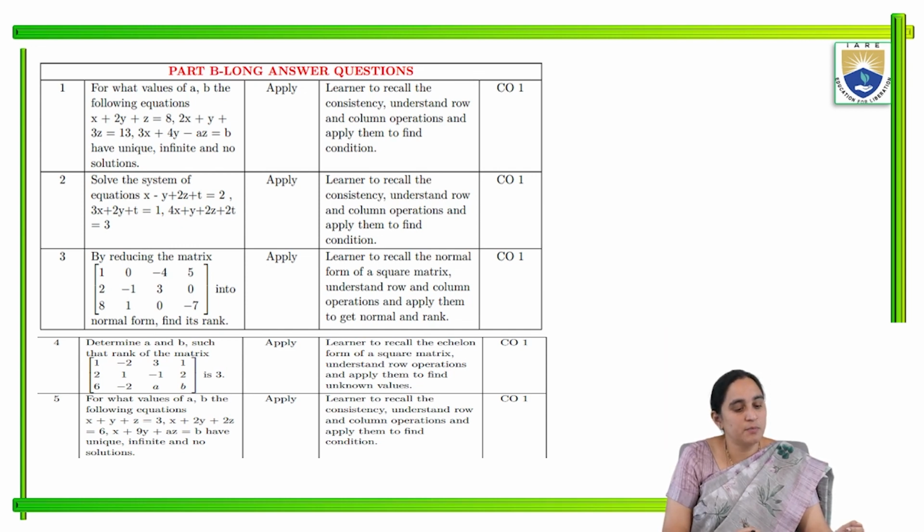And solve the system of equations x minus y plus 2z plus t is equal to 2, 3x plus 2y plus t is equal to 1, and the next one 4x plus y plus 2z plus 2t is equal to 3. Same as the first question. Here we have to recall consistency and understand the row and column operations and apply them to find the conditions.